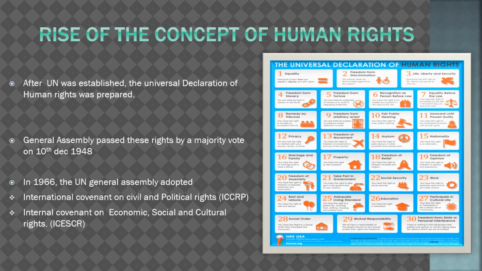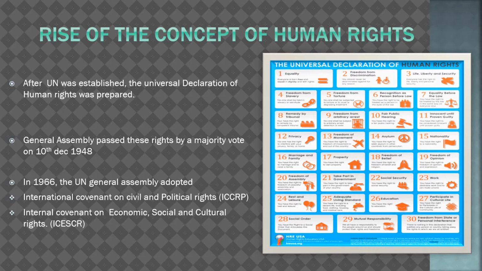In 1966, the United Nations General Assembly adopted the International Covenant on Civil and Political Rights. The word covenant means an agreement. It also adopted the International Covenant on Economic, Social, and Cultural Rights. These two covenants are part of international law.